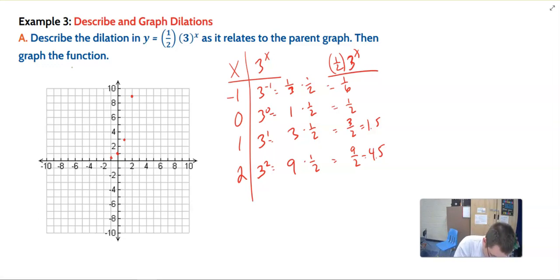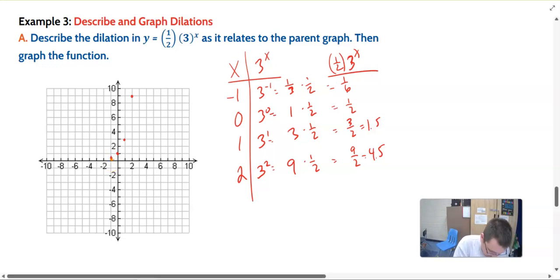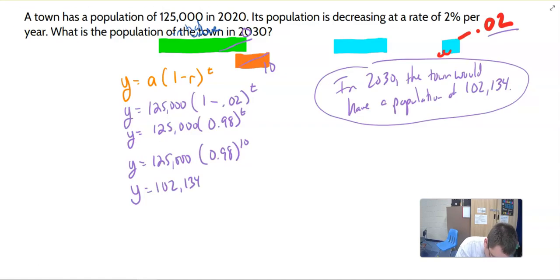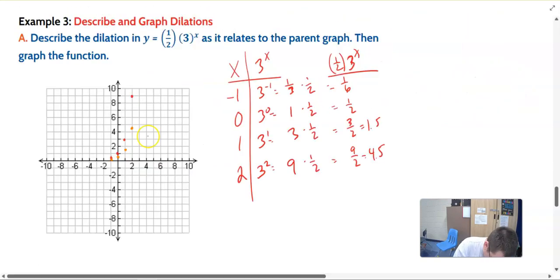We're going down to 1/6, and so that's halfway between. We're going to 1/2. We're going to 1.5. We're going to 4.5. And so our final function is this orange one. Let me redraw that. Hold on. Draw our line connecting these 4 points, coming up like so.